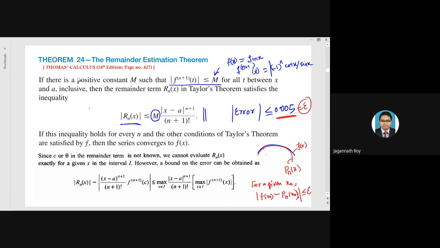Taking the absolute value, it is bounded by 1, because the absolute value of cosine x or sine x is bounded by 1. So this is the meaning of bound of a function.